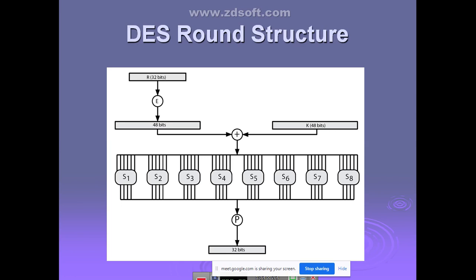Once the permutation is done, that produces your right-hand side data, which is considered as the input for the next round. The same round structure is there for all 16 rounds. That is what we have seen in the last class. Any doubts with that? How does the S-box work? Totally 8 S-boxes are used in each round of DES.